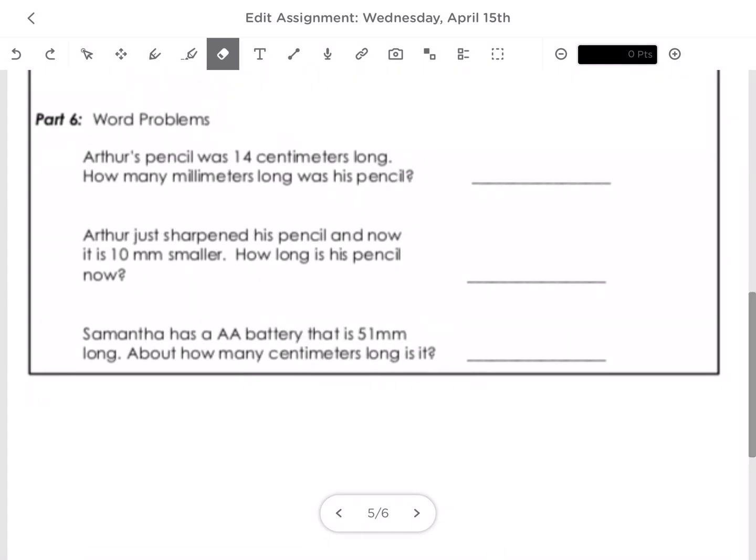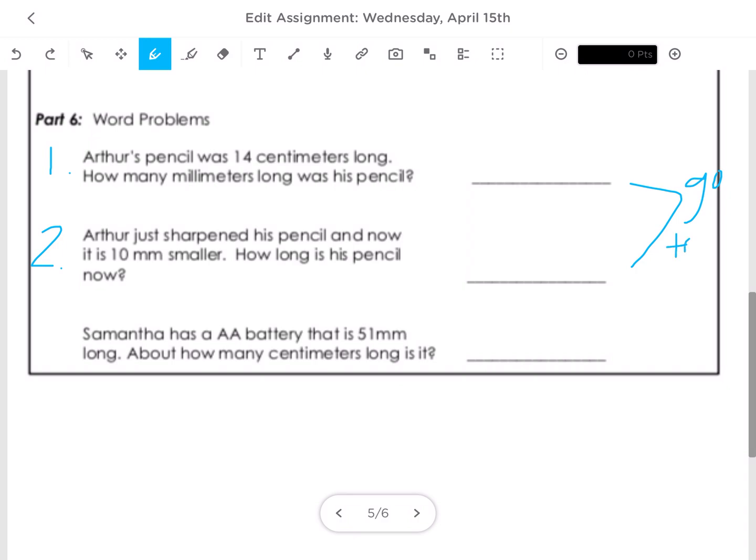And then the last 3 are just some word problems. The first one, you're converting 14 centimeters into millimeters. And then Arthur just sharpened his pencil and now it is 10 millimeters smaller. How long is his pencil now? So you're going to use the problem from here to get that second one. So 1 and 2 go together.